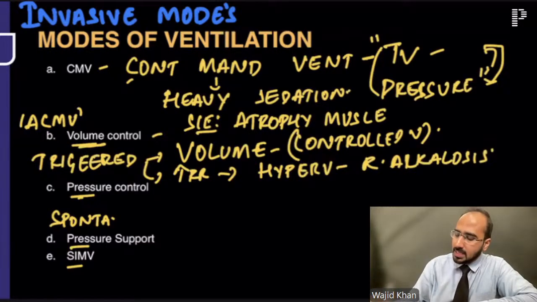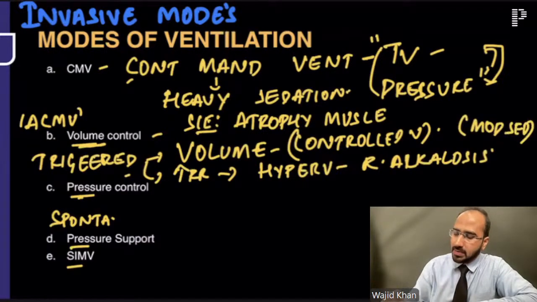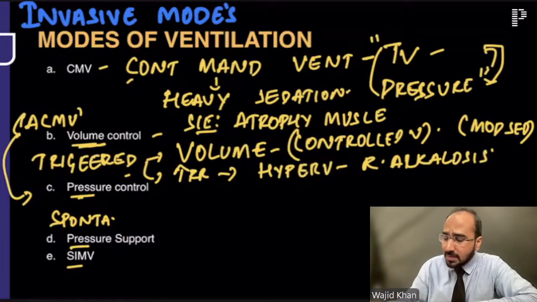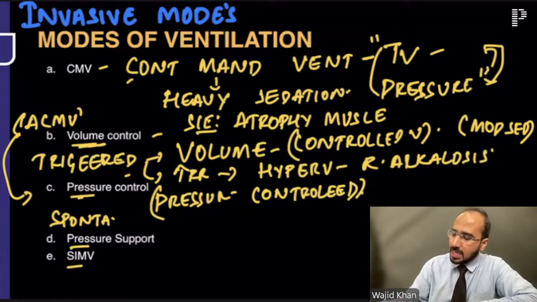Again, here also sedation is required, but moderate sedation is required in volume control. In ACMV, the other mode is pressure control. Pressure control means the pressure is the controlled variable over here. Again, here also a moderate kind of sedation is required.